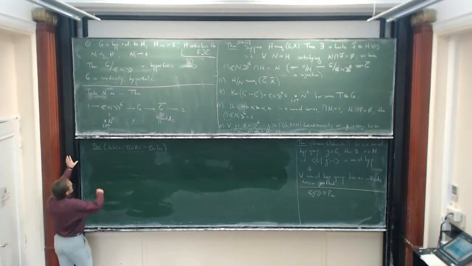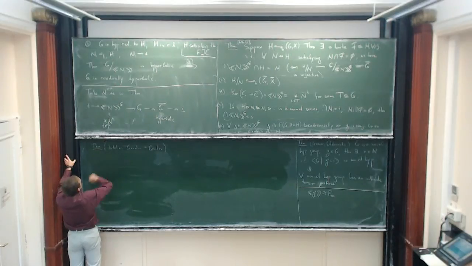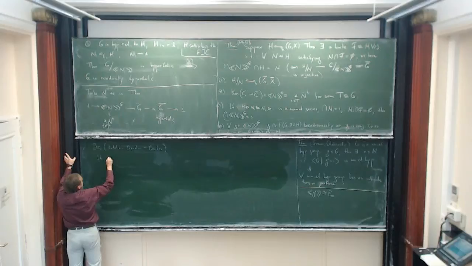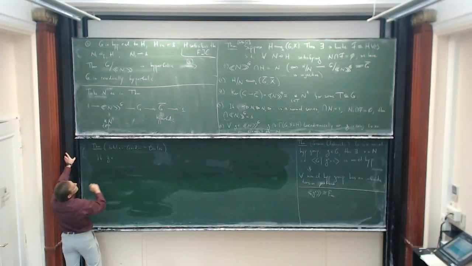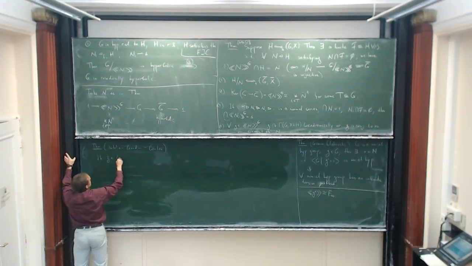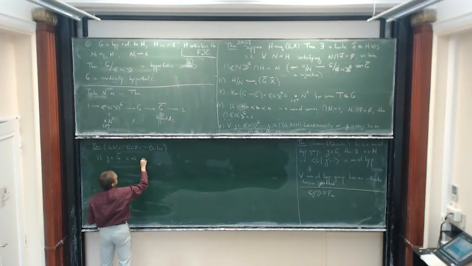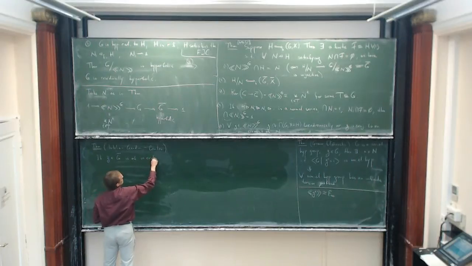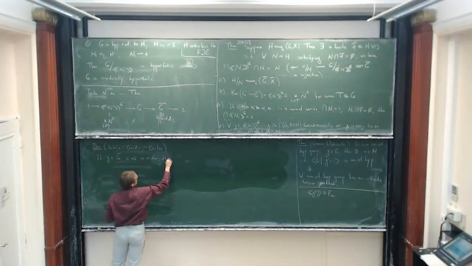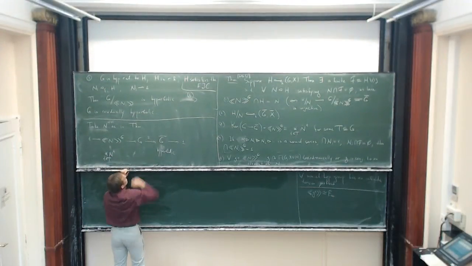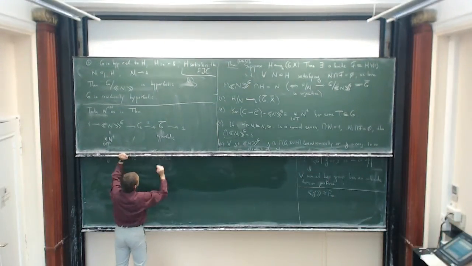What you need is the following. So in the situation described above, if G bar in G bar is of infinite order, then let's call this surjection epsilon.